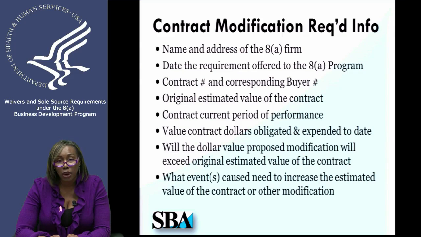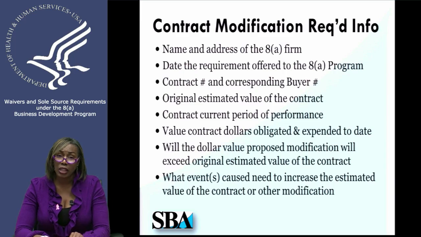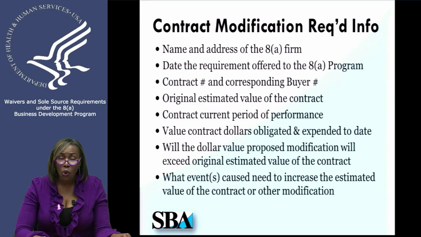Again, SBA is the prime of the requirement. We need to ensure that all the i's are dotted and the t's are crossed in order to ensure everyone's on the same page as far as modifying these contracts. You cannot just move forward and modify contracts by adding money to them or extending the period of performance on these contracts.